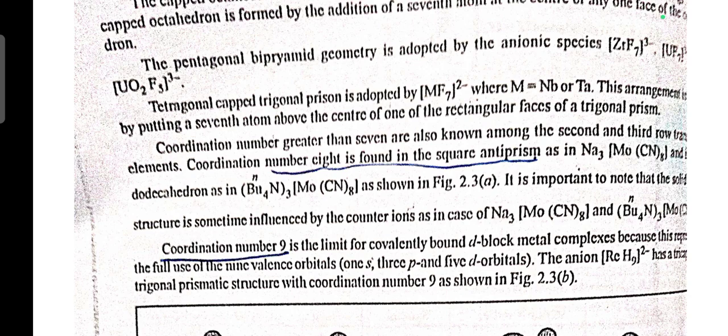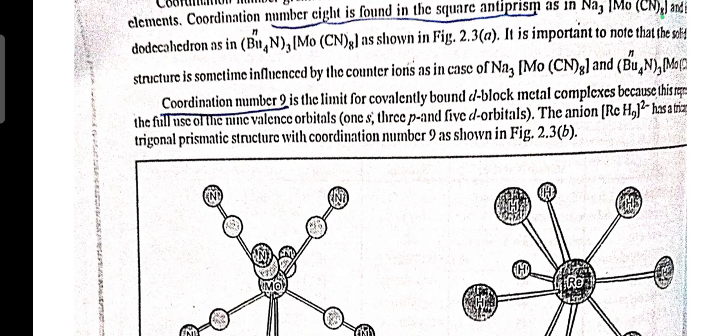Coordination number 9 is the limit for covalently bound d-block metal complexes because this represents the full use of the 9 valence orbitals: 1s, 3p, 5d orbitals. The anion ReH9 2 negative has a tricapped trigonal prismatic structure with coordination number 9.